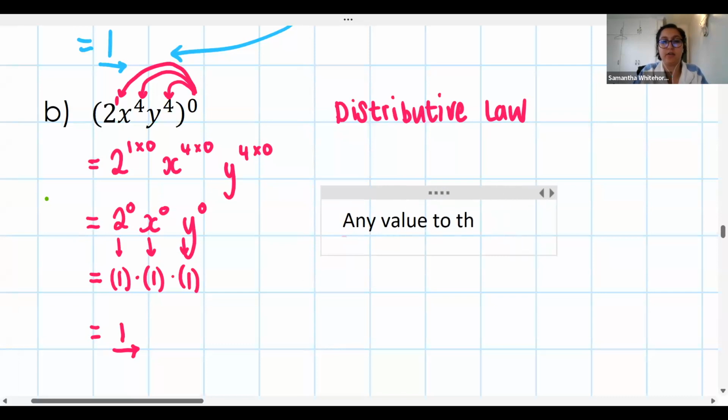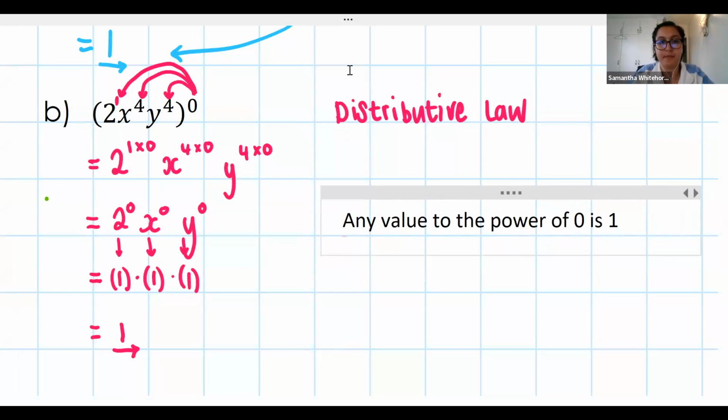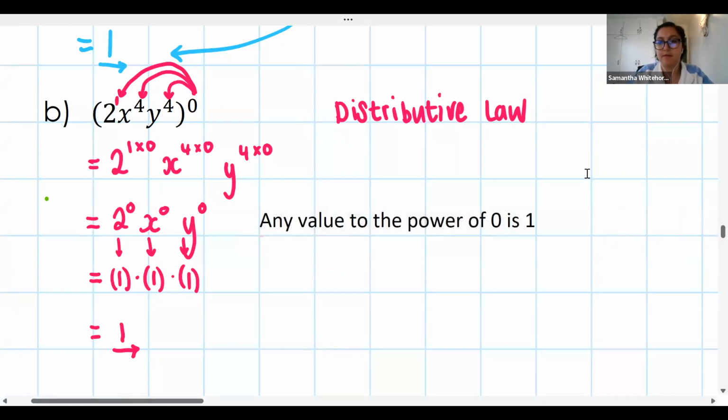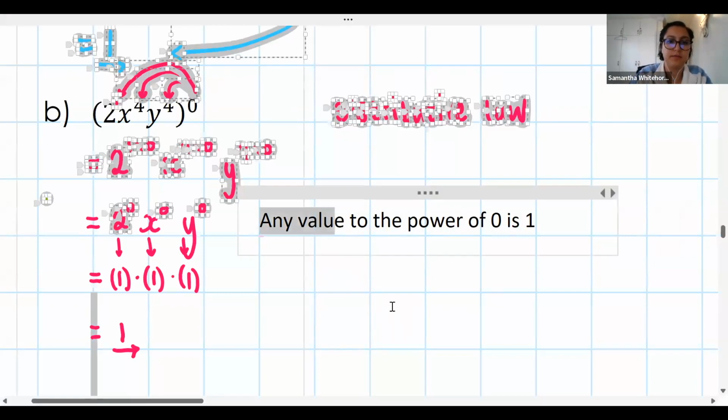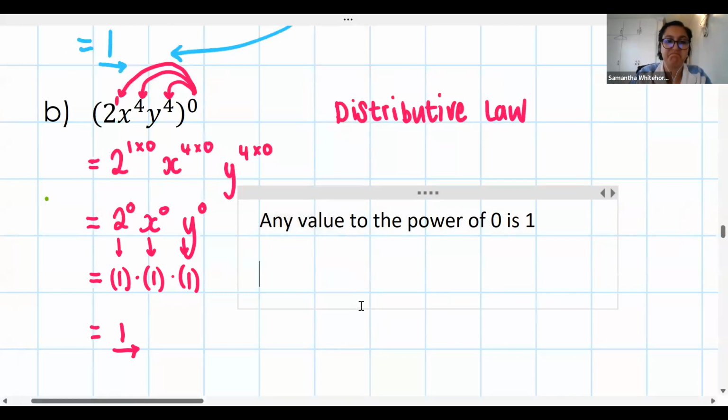Any value to the power of 0 is 1. Okay, my people, we got this. I don't know what's happening.